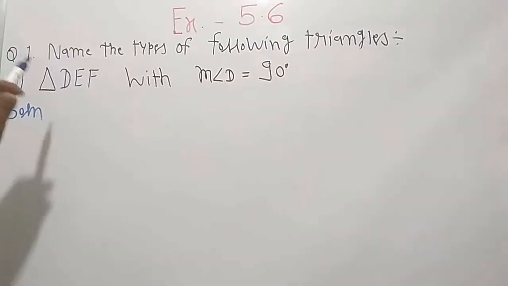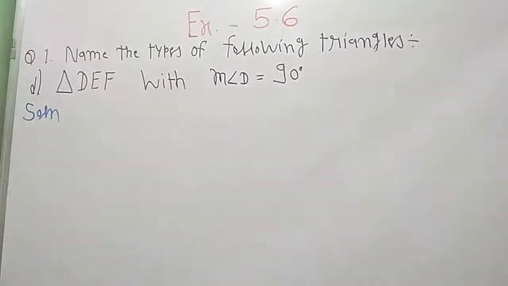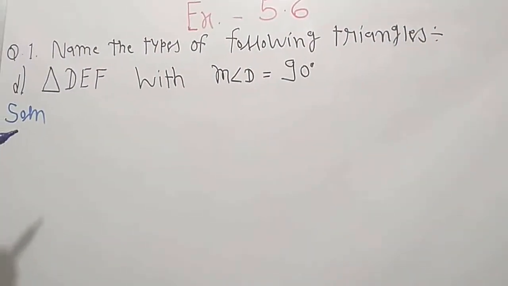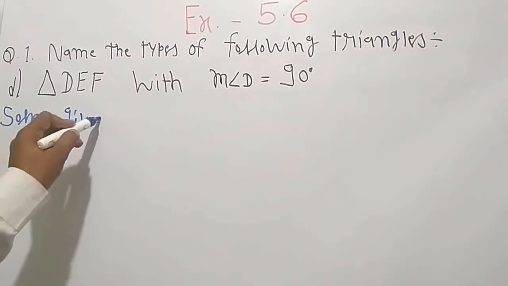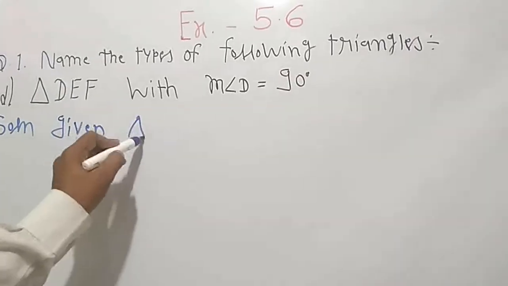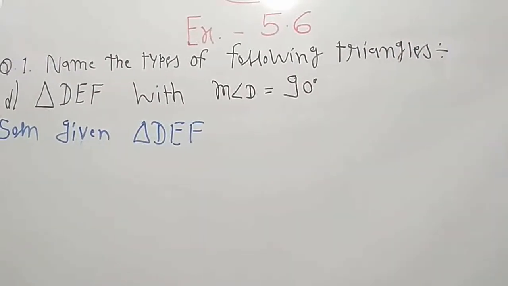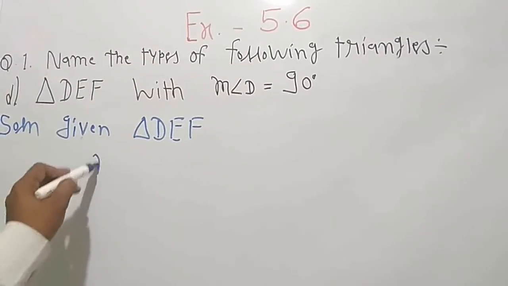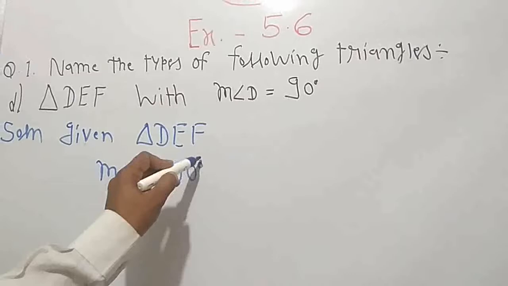B part, triangle DEF with measurement of angle D equal to 90 degree. Now for this particular part, first we write given triangle DEF in which measurement of angle D equal to 90 degree.